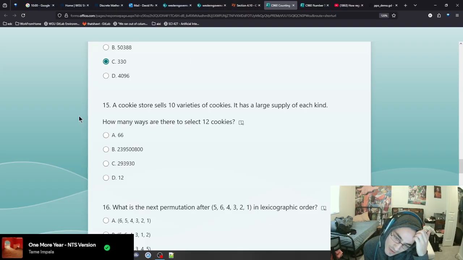So we got 10 bins and 12 balls, indistinguishable. And there's no restriction, so I'm just gonna do the same formula. 10 plus 12 minus 1, choose bins -1, is 293,930.